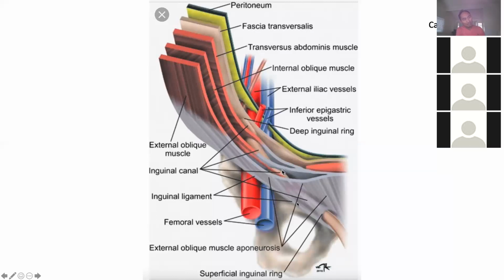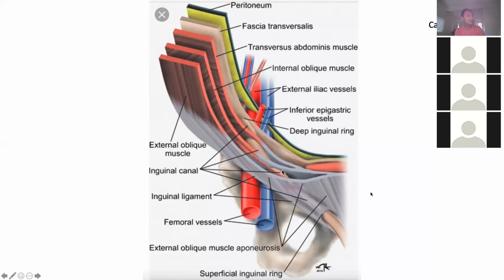The inguinal ligament with the external oblique aponeurosis, when it attaches to the pubic tubercle region, splits like that and attaches. By splitting, it creates a hole, and some structures will be passing through the hole. That is what we call the external ring of the inguinal canal.